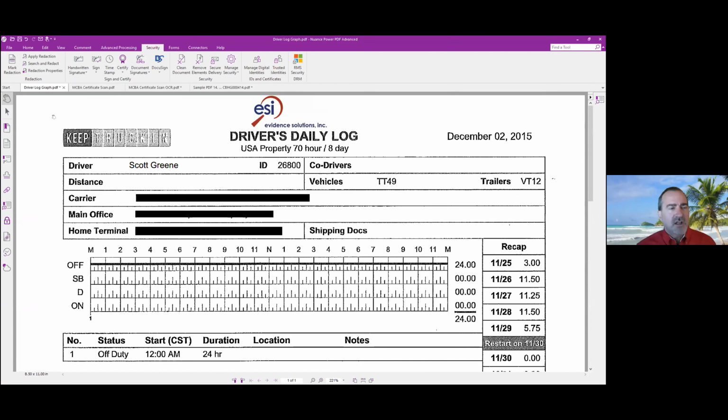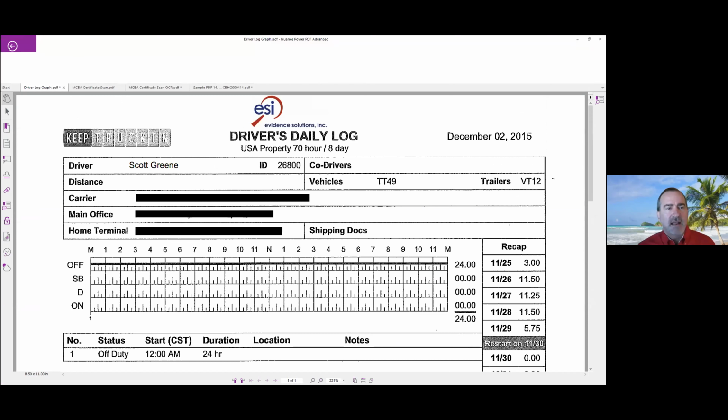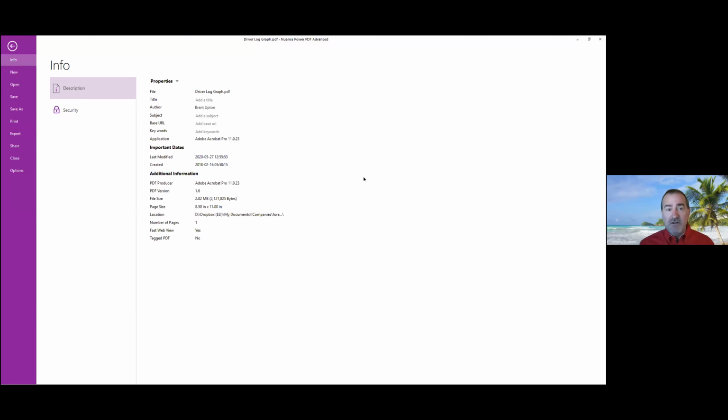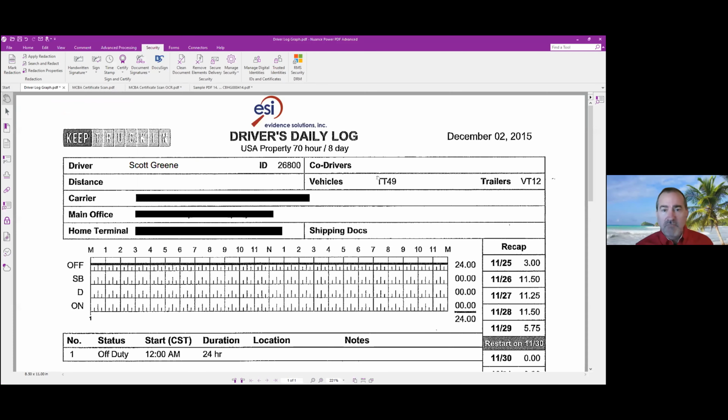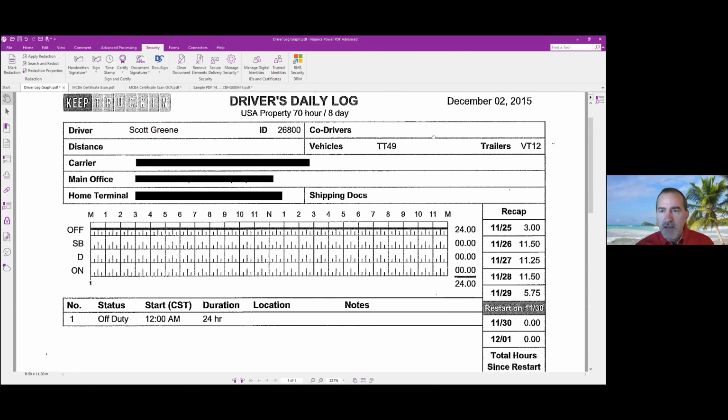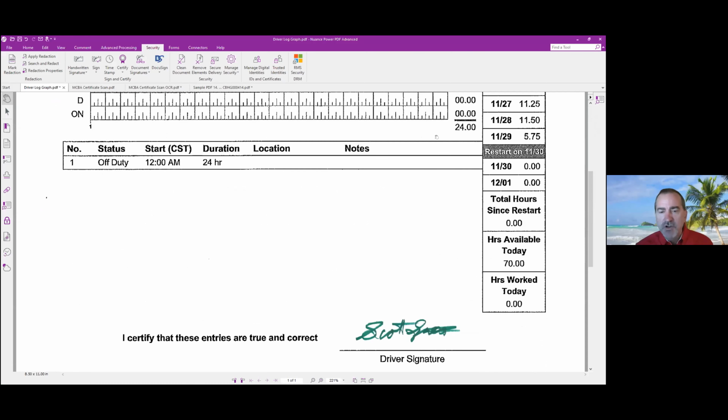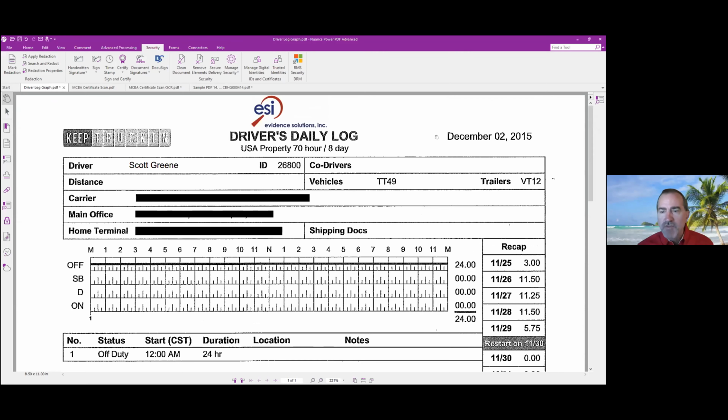So other things that you can look at, just the metadata. And again, I'm just in a pretty standard product here. We can see that, let's go back a couple of things here. This was actually printed, or the data is actually from December 2 of 2015.